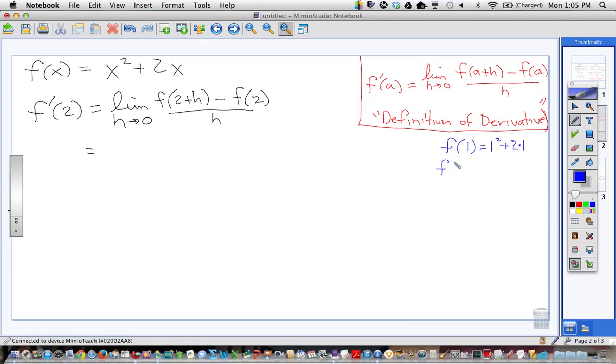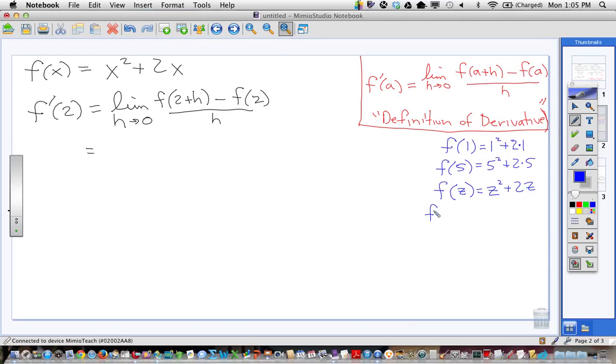So if I ask you to do f of 5, that would be 5 squared plus 2 times 5. I'm just putting a 5 in place of the x, right? And if I ask you for f of z, what would you tell me? Z squared plus 2z.